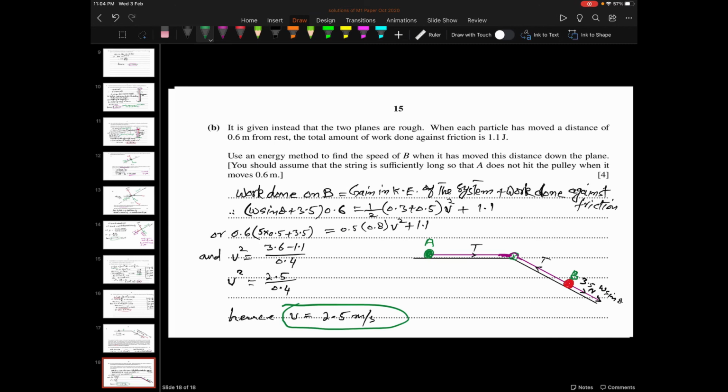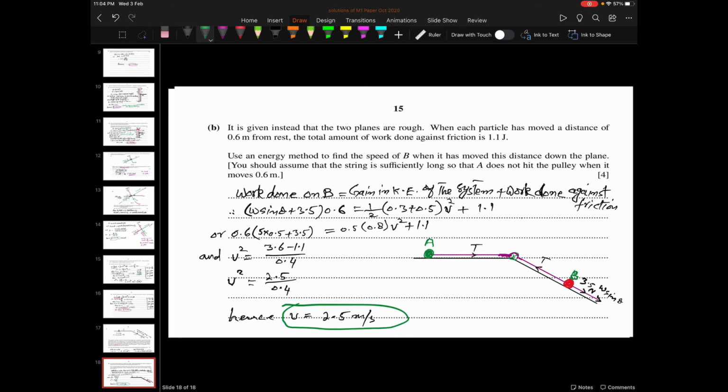Work is equal to the product of force and displacement. So work done on B is equal to W sine theta plus 3.5, which is the sum of the forces acting on B, multiply the displacement or distance covered by the particle B, which is 0.6.